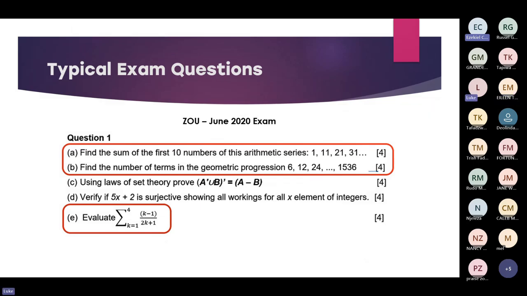The numbers you are given, 1, 11, 21 and 31, were given so that you can find the value of the common difference. Then you can just plug into your formula and find the sum to n, which is the sum to 10 for this one. I think it's the quickest way to do that, rather than finding all 10 terms and then summing them up.